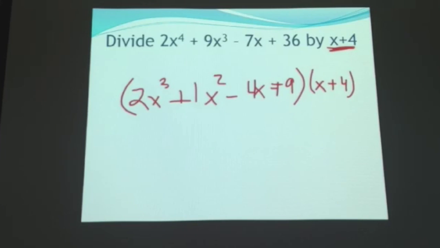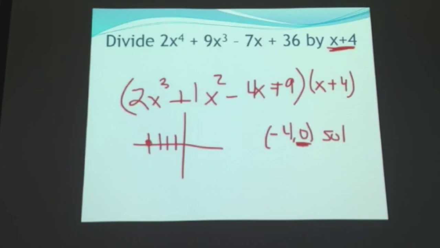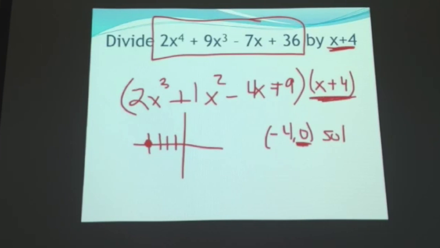And what did we learn? We learned that negative 4, 0 was a solution. So anytime you're going to get that 0 remainder, it's automatically a solution, which is really important, especially in Algebra 2, because that means that's a place where it's going to cross your axis. So a little bit later in the semester, we're going to practice factoring this thing completely, meaning we need to change this whole entire thing into little tiny parentheses.